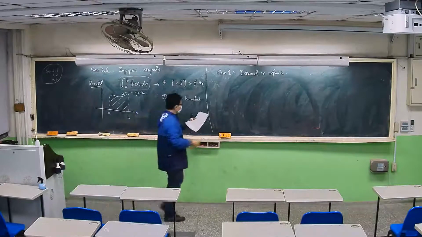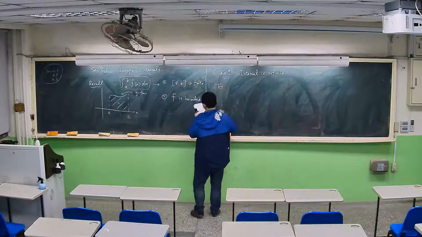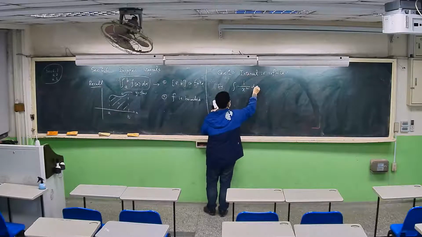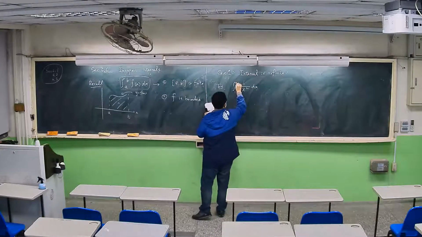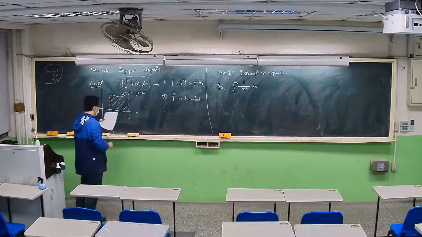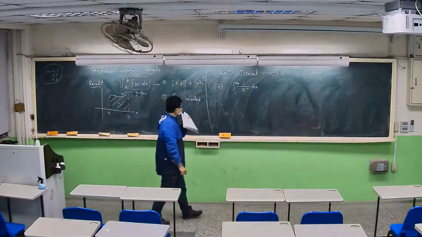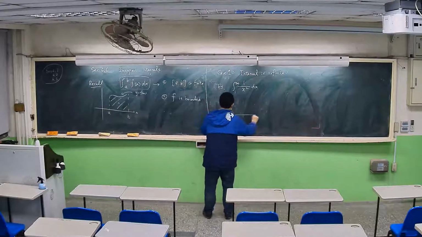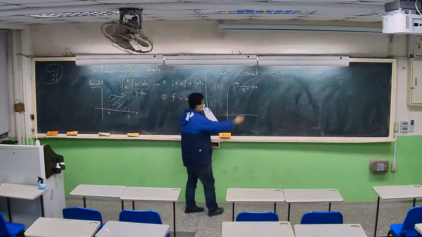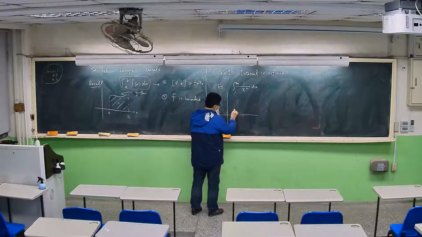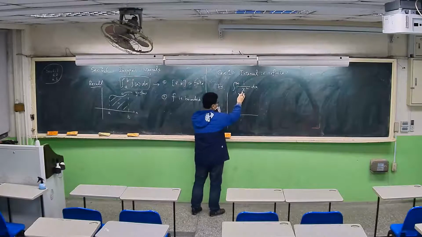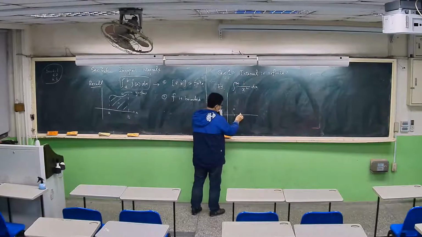Let's use a simple example. For example, we integrate the function 1 over x squared from 1 to infinity, and we explain it with the graph. When x equals 1, it is 1 over 1, which is 1. When x equals 2, it is 1 over 2 squared, which is 1 over 4, so it's something like here.